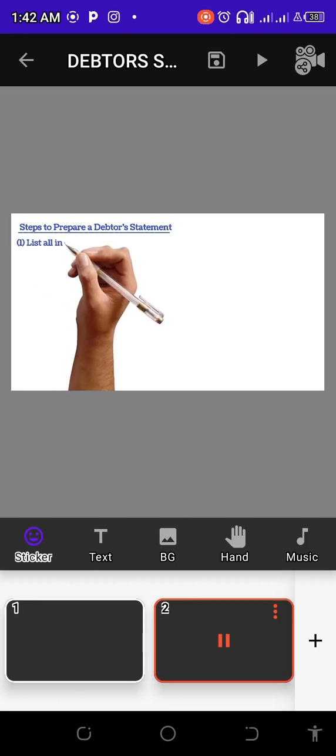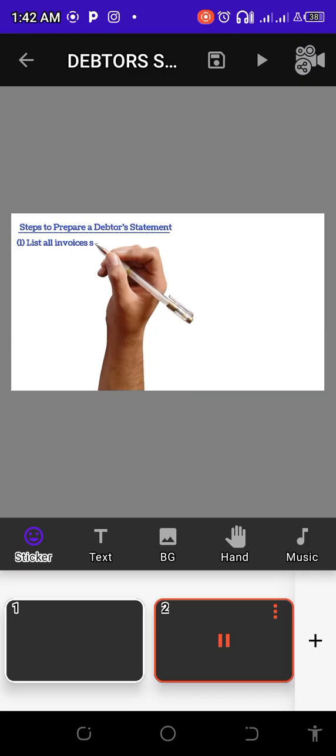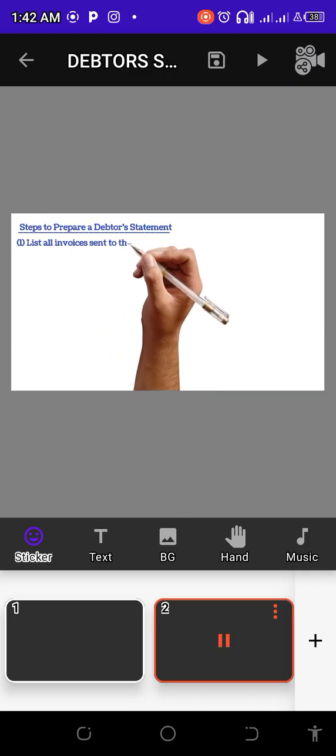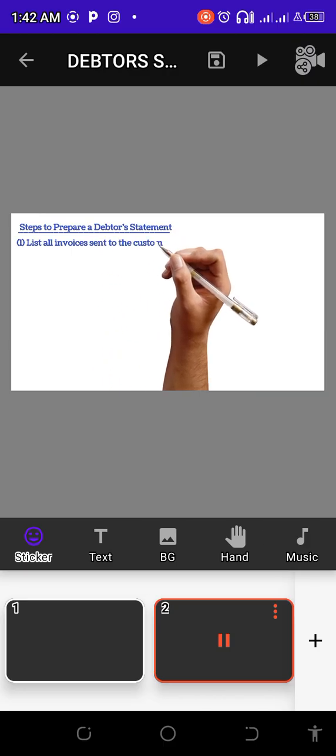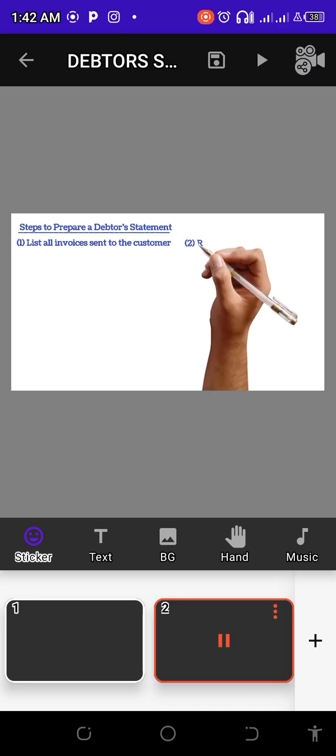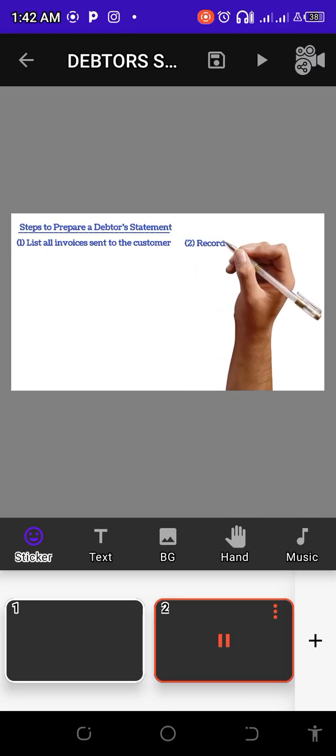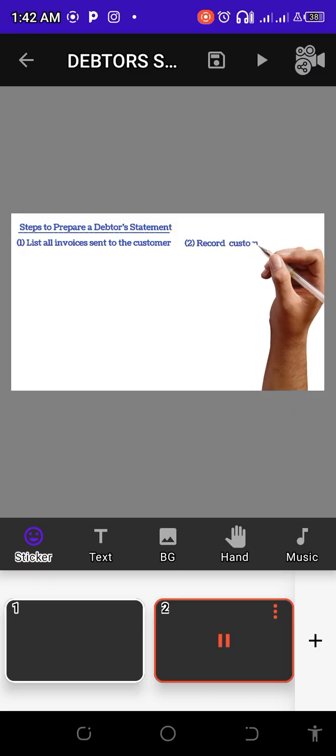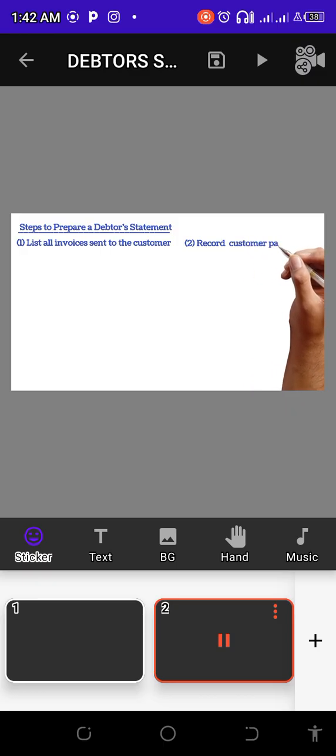Secondly, you record all the payments made or received from the customer.